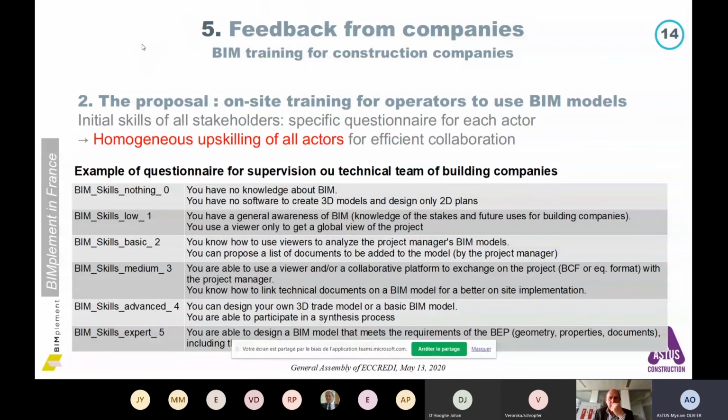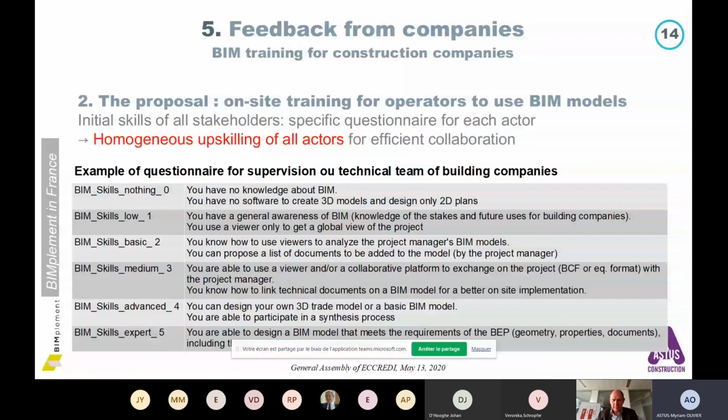What appears also is that all stakeholders, not only companies and not only managers and operators, but also all actors, have to have a certain and equivalent level in terms of BIM knowledge, but also NZEB, ventilation and airtightness, to be able to implement a real collaboration.